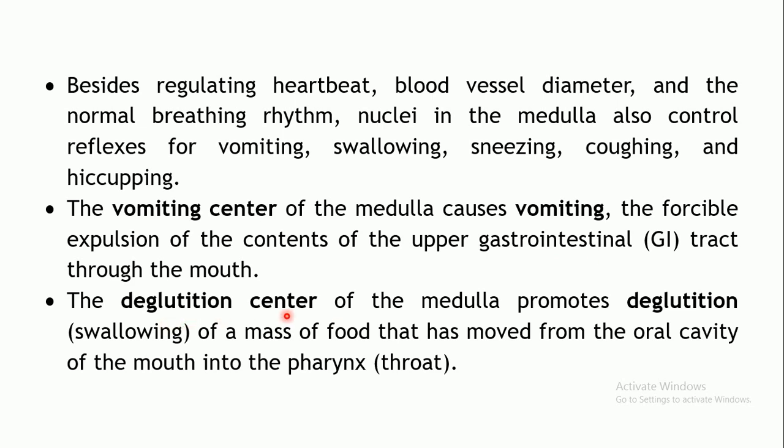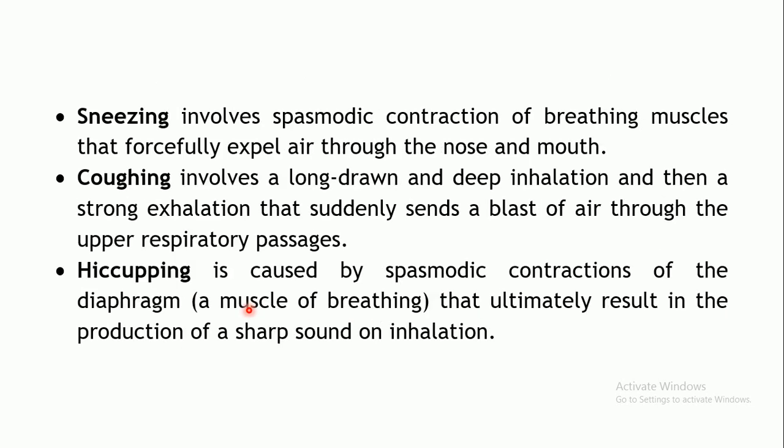Then there is the deglutition center. Remember this when we discussed the digestive system. The act of deglutition or swallowing, wherein the food moves from your oral cavity into the pharynx, is under the control of the deglutition center.